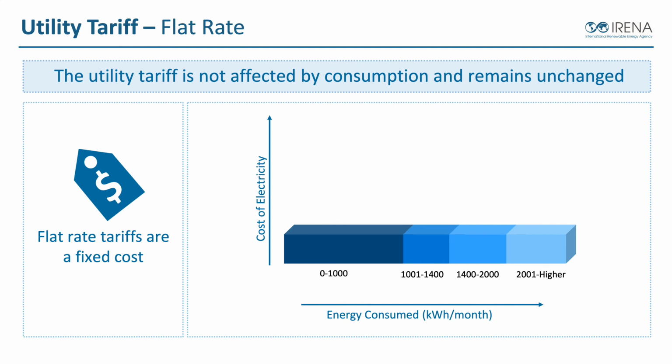You just pay whatever the set cost is, no matter what time of day, no matter what time of year, or how much you consume. Very easy to calculate that way because you can look at a fixed price and the number of kilowatt hours that you consume. Also easier to estimate the return on investment of your solar because it's all a flat fixed price for energy. So that's a flat rate.